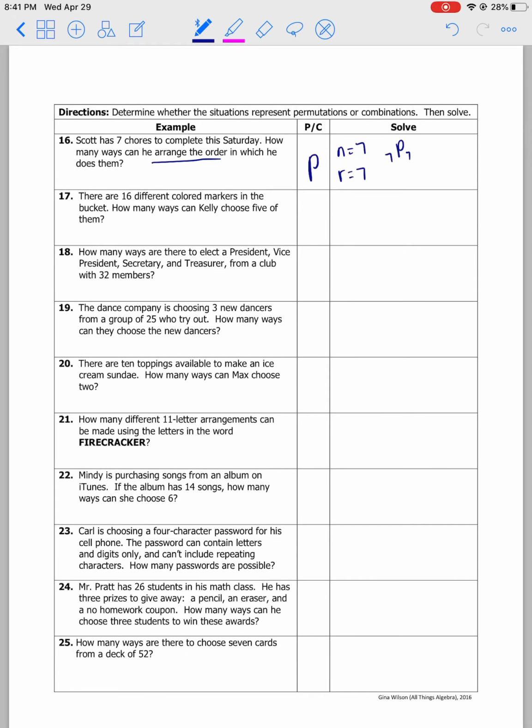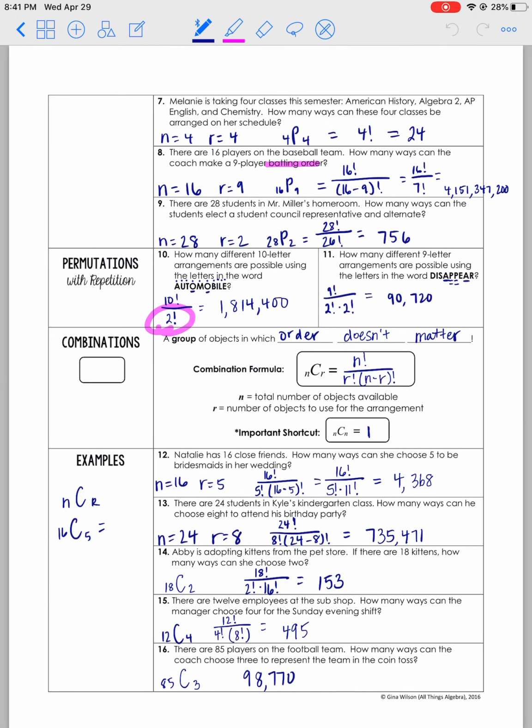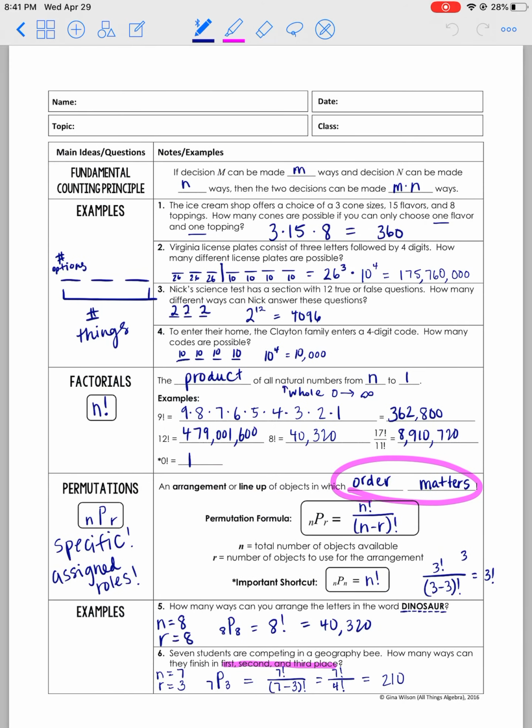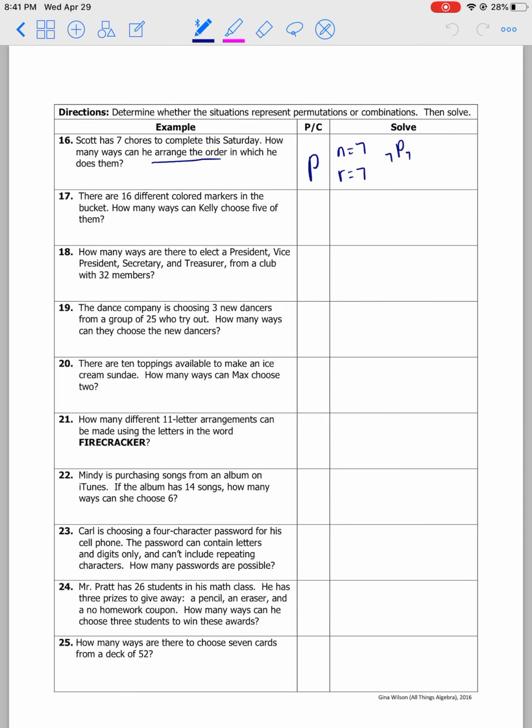And if you are doing that as a formula, you want to make sure you are using the formula we learned the other day, which is the factorial of n divided by the factorial of n minus r. So that would be the factorial of 7 divided by the factorial of 7 minus 7.